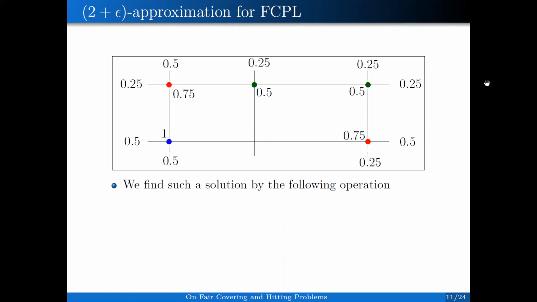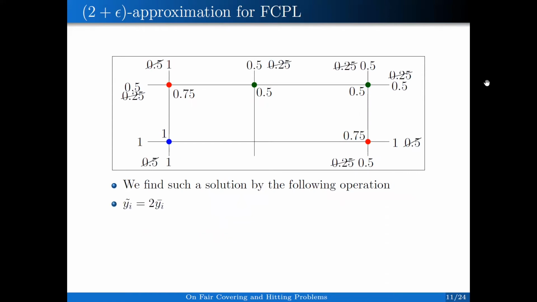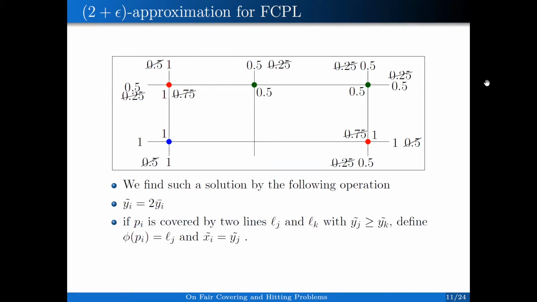And to find such a solution, what we do is at first we scale up the Y values by a factor of 2, and then simply assign each point to the line, either the horizontal or the vertical, whichever has the larger Y value. And in this way, we make sure that the coverage of each point is preserved in the new solution.